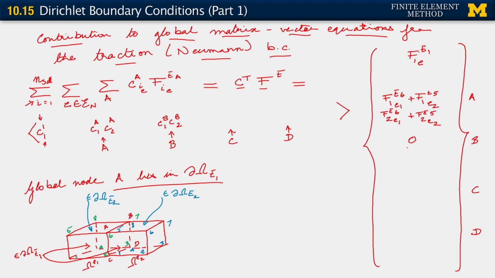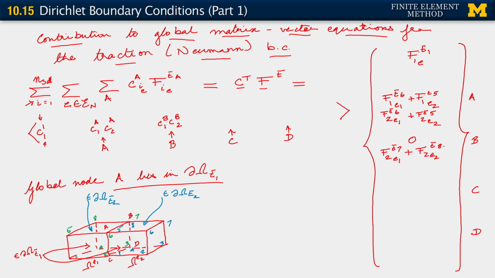The contributions that do come there are from the 2 direction, and we have then F T bar, we are talking the 2 dimension, so we have 2 here. Let's look now at the contribution from E1. From element E1, which local degree of freedom contributes there? It's the 7. From element E2, the contribution along the 2 direction would be from local node 8.